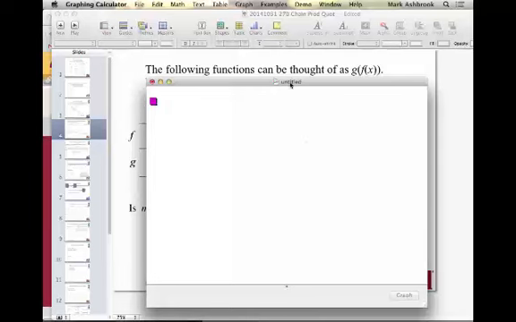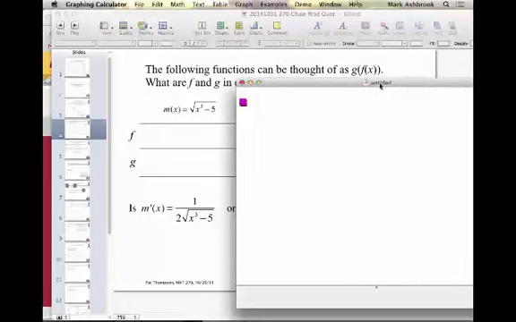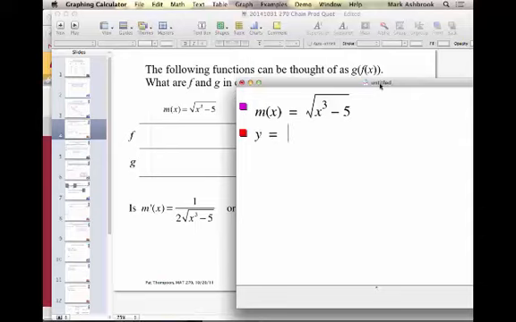All right, so what was m? M of x is the square root of x cubed minus 5. And I want to graph y equals, what should I graph if I want to get the right rate of change function?